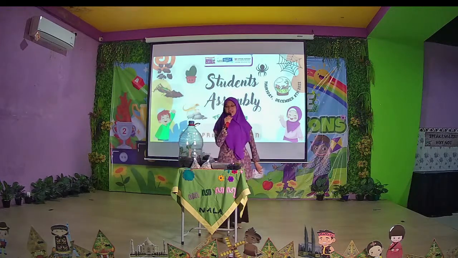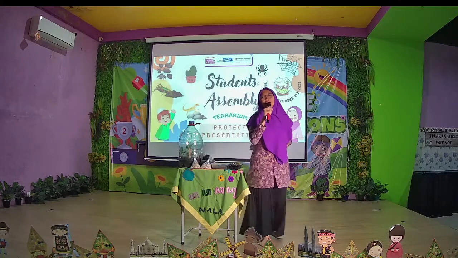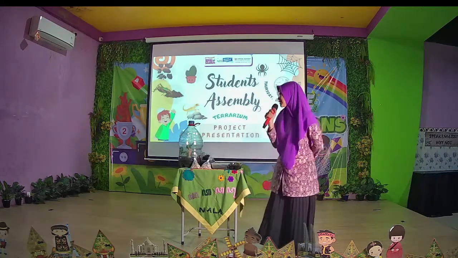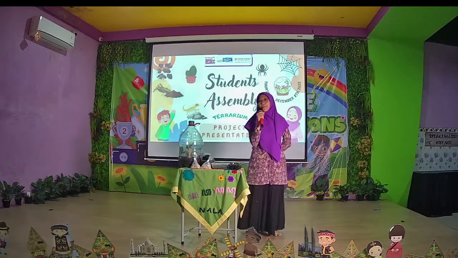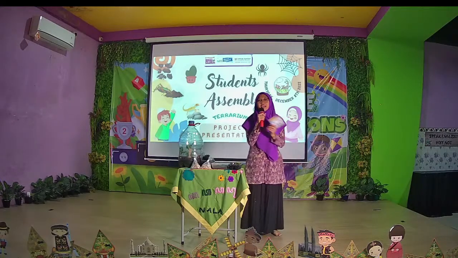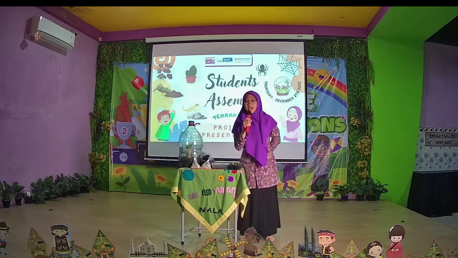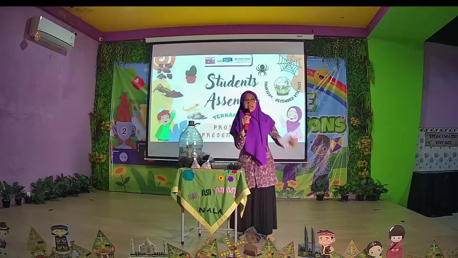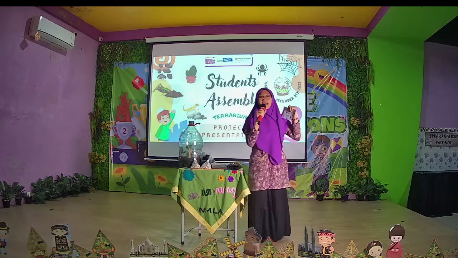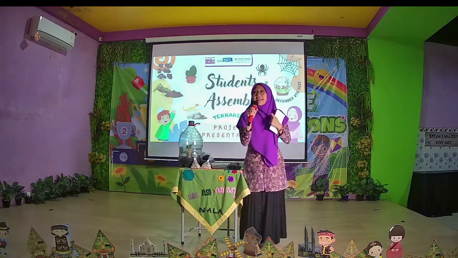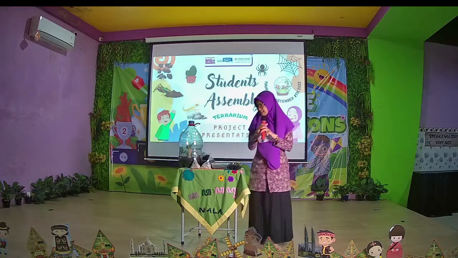And then for the last group, before we start, I want to ask you, what are the things that consist of a terrarium? Can you answer my question? Yes, coral, and then the second one, cocopeat, and then charcoal, and then humus soil, and then the last for humidity is, what is it?